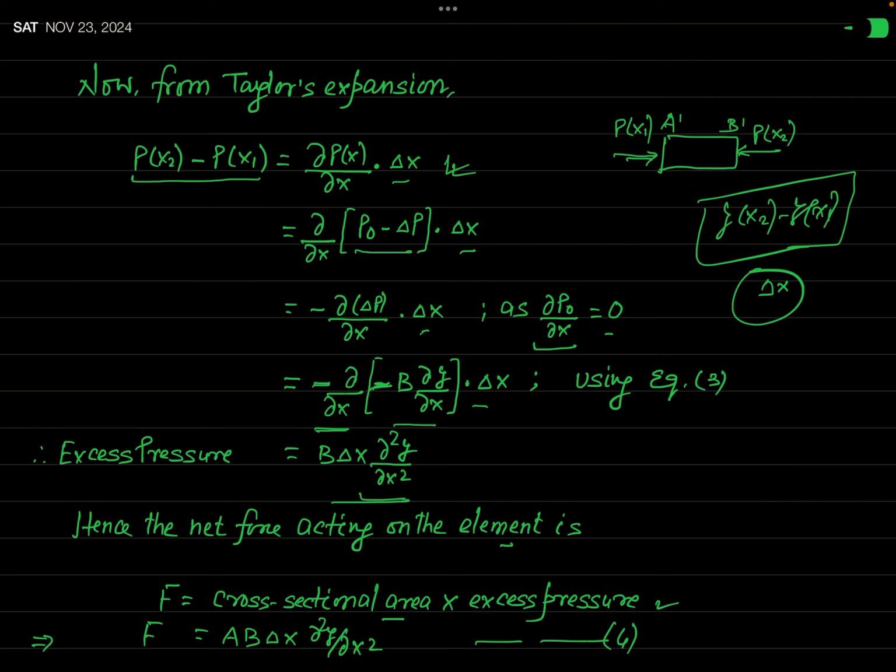So F will be equal to the cross-sectional area, which you have taken as A, times the excess pressure you have just calculated, B times delta x times del 2y by del x square. So you can see how we have obtained the resultant force acting on this column of air or gas by the concept of elasticity.